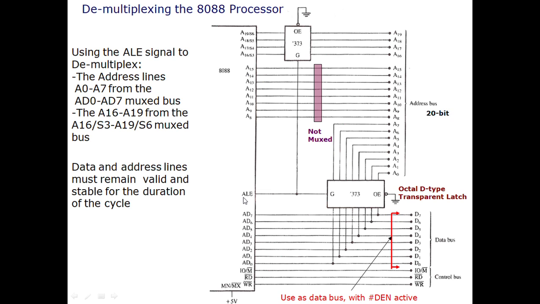So whenever the address is being sent through these multiplexed pins, the microprocessor will generate a 1 at this pin, address latch enable. So this address latch enable will enable the latches here. So it is easy now to remember the function of this pin, because the function of this pin is address latch enable.